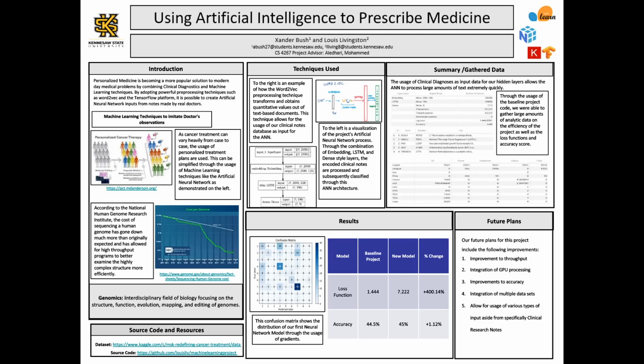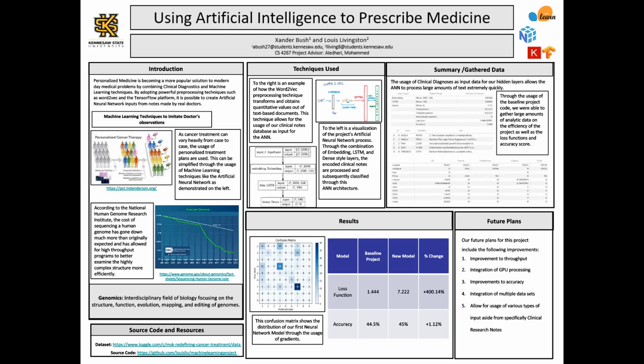So as we move on to our results section, we can see where the baseline project from Kaggle was at, which was a loss function of about 1.444, and our improvements actually negatively impacted the loss with our new model, which was at 7.222. But that was the best we could do to try to raise the accuracy.